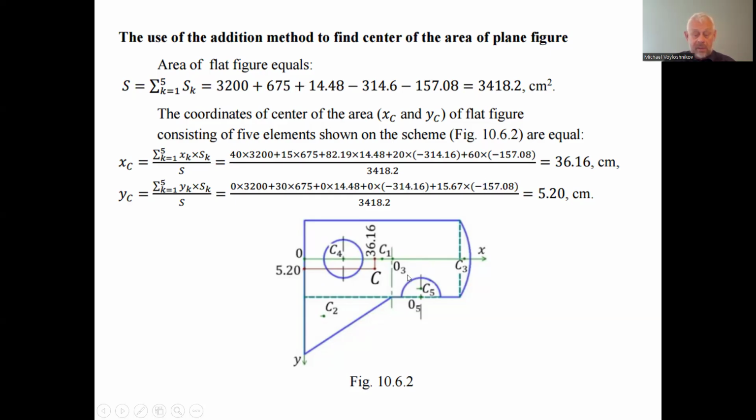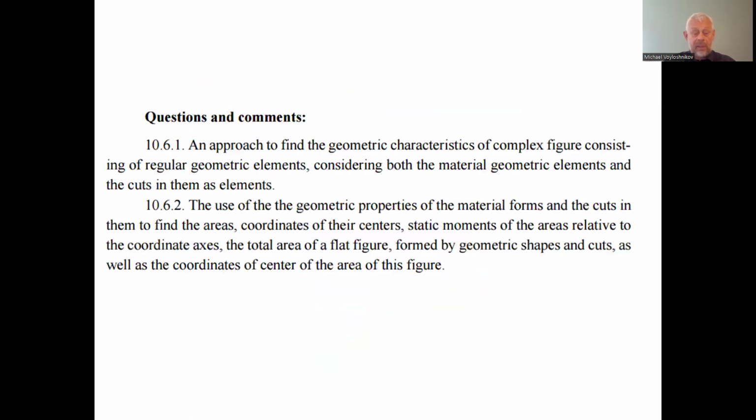So this indicates the location of the centers of the area, and that is why the common center of the area is right here: 36.16, 36.16, and 5.20 centimeter, with this area. Okay, this was the task to find.